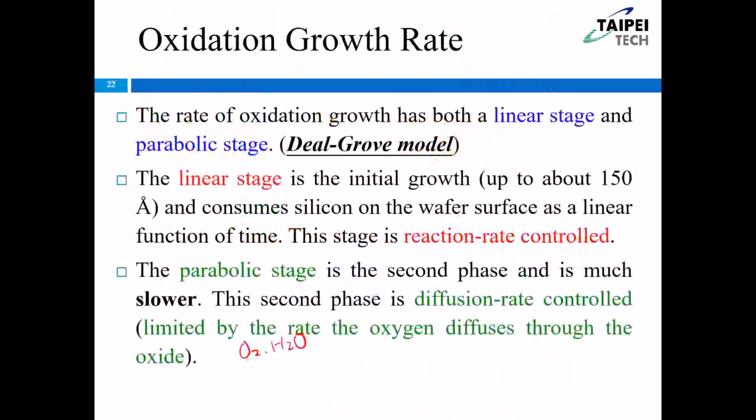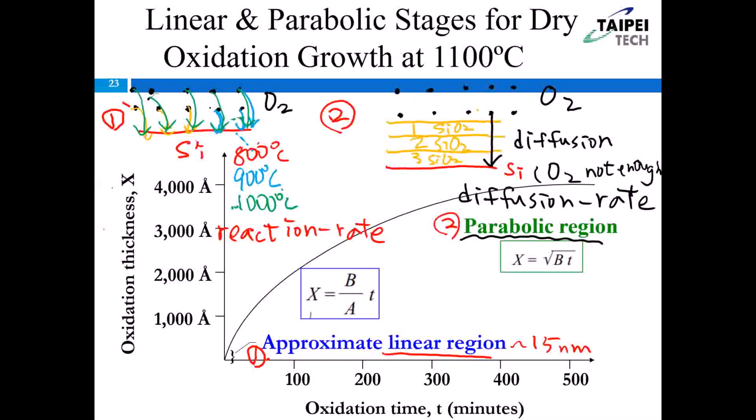So let's go back to see those two mechanisms, we will use them for the deposition later, okay? So I hope you can understand and memorize that the reaction rate and the diffusion rate control the growth rate, because later for the CVD, for the deposition, we have the same mechanism.